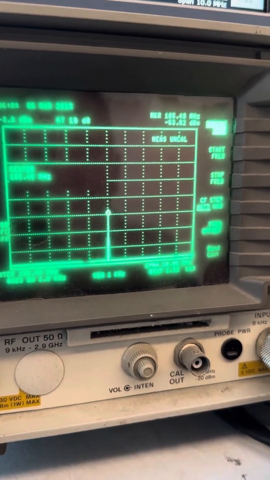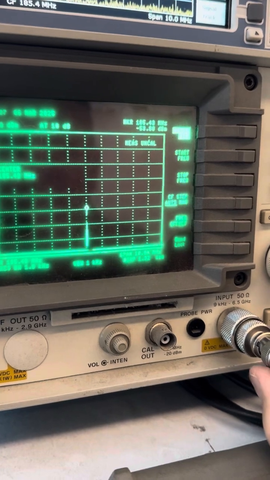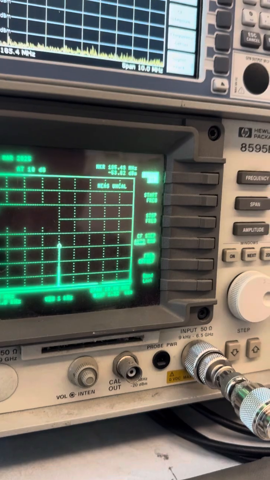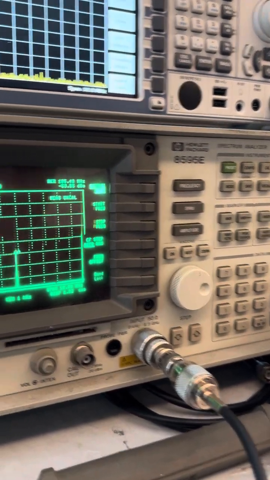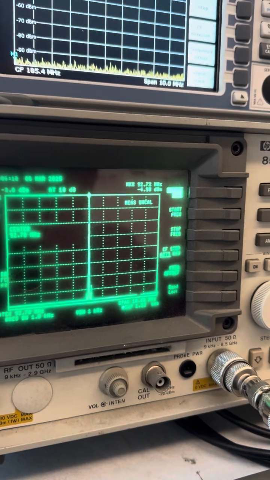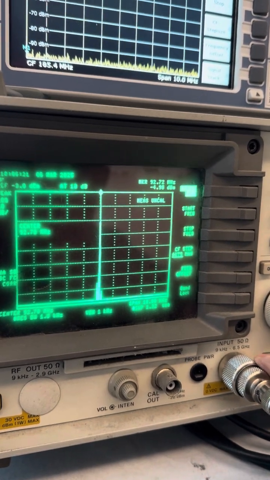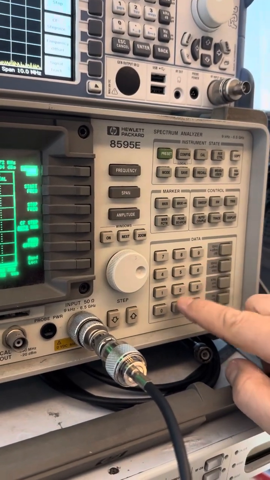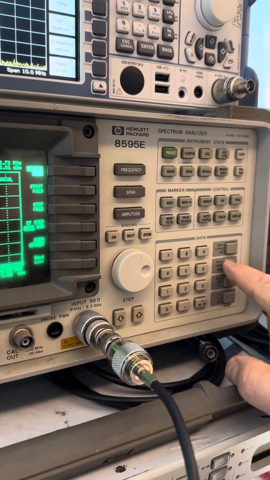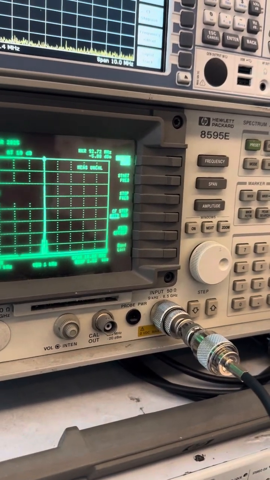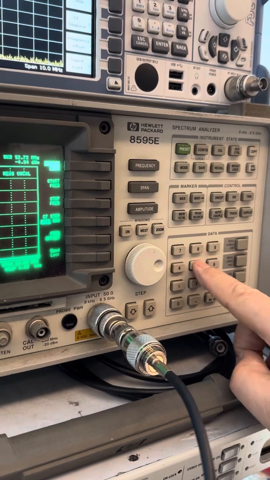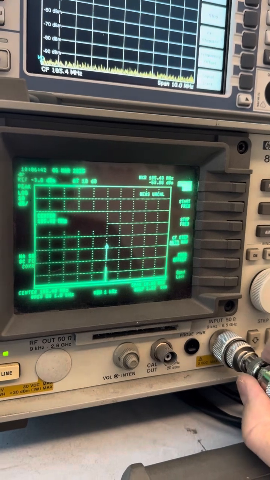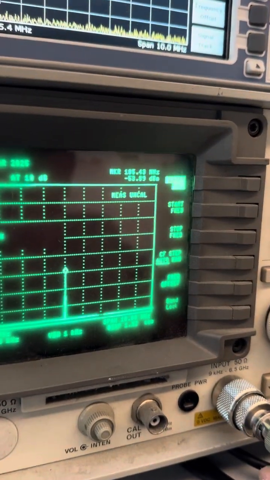This is because the input of this analyzer is having a big distortion, because I have a very high signal at 92.7 megahertz that is creating distortion in this input. So when I go to 185.4, you see I have minus 53 dB of harmonic. But this is not real.